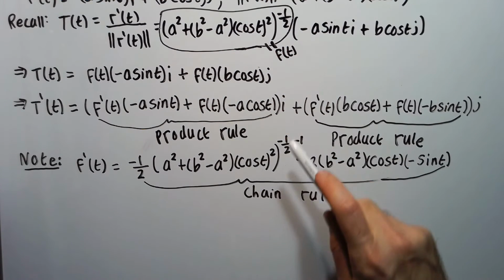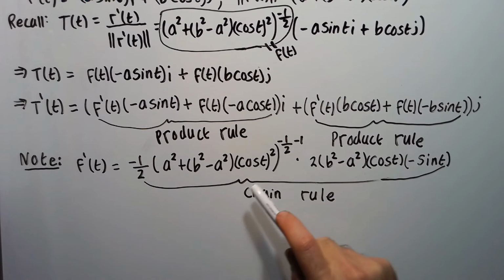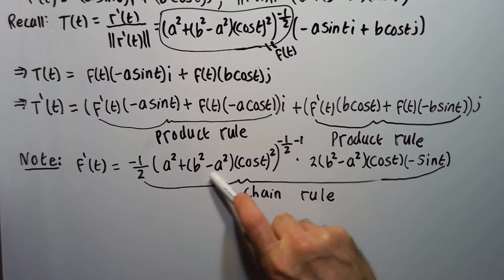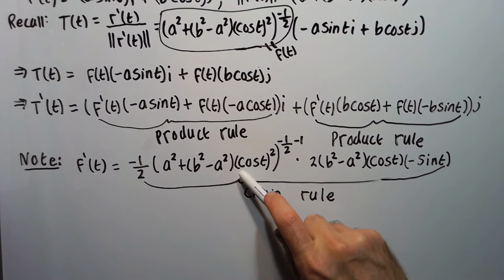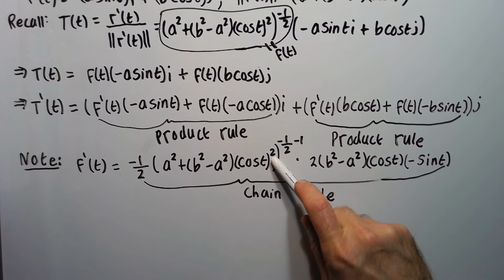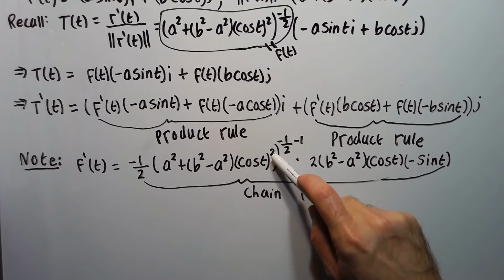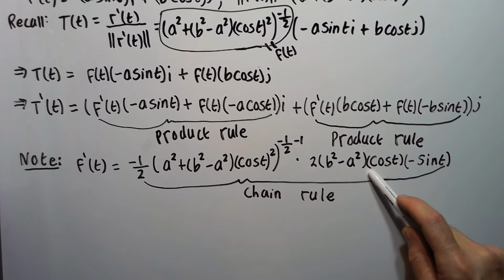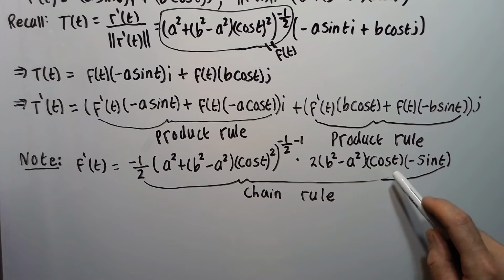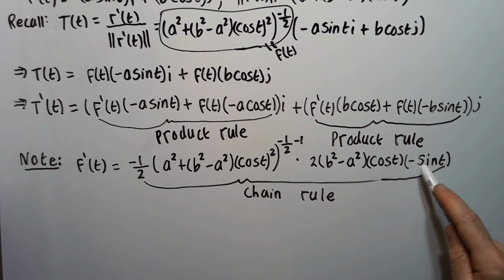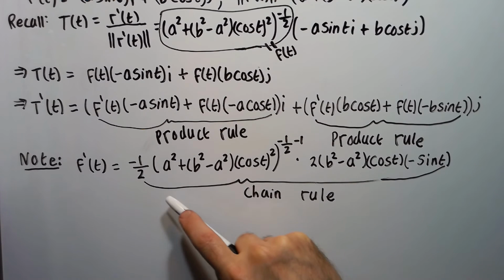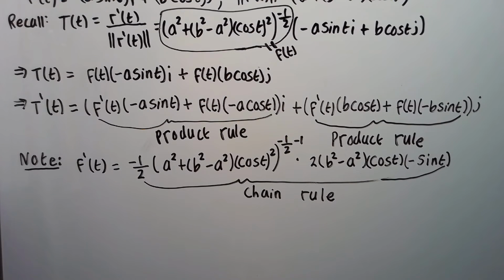Subtract 1 from the power, so it'll be negative 1/2 minus 1. Then multiply by derivative of the inside, so I have a cosine squared guy, so the 2 is going to come in front. It's like a chain rule, what's inside a chain rule. So the 2 will come in front here, so I have that part. Then multiply by derivative of cosine, which would be minus sine. So this would be the derivative of f prime using chain rule.